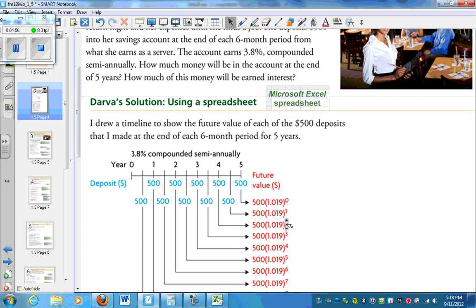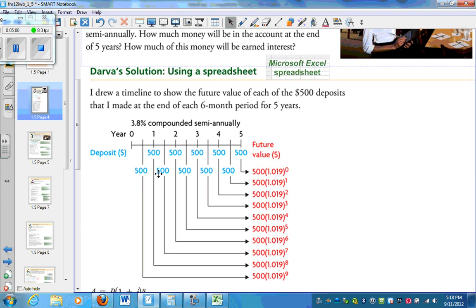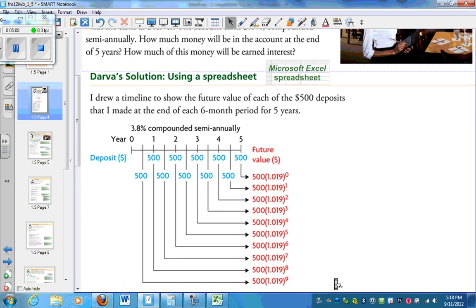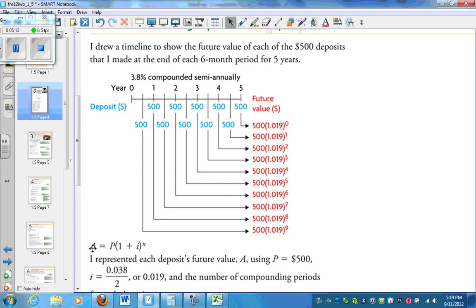Okay? So her first deposit comes in at 6 months. She has $500 and she multiplies it by her interest rate. She used this formula: future value equals P(1 plus i)^n. And you guys know that that is from last section.